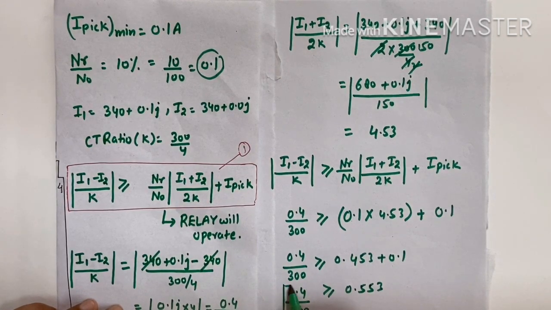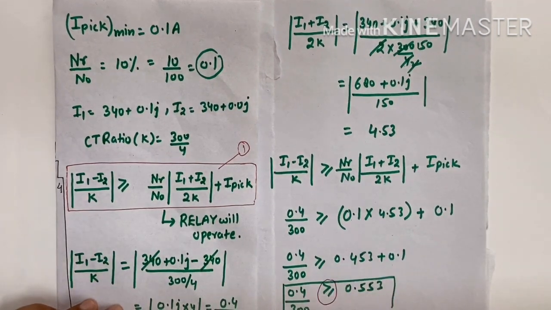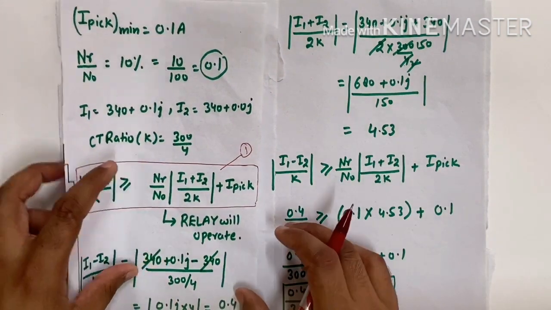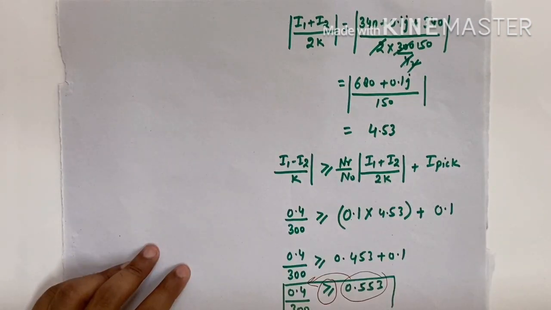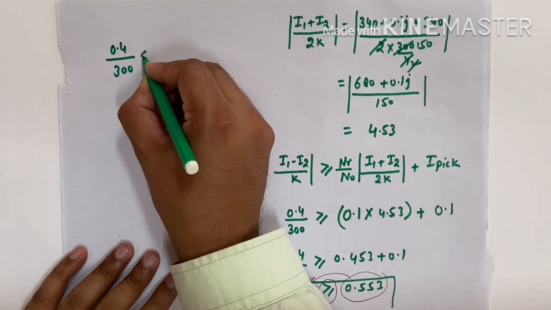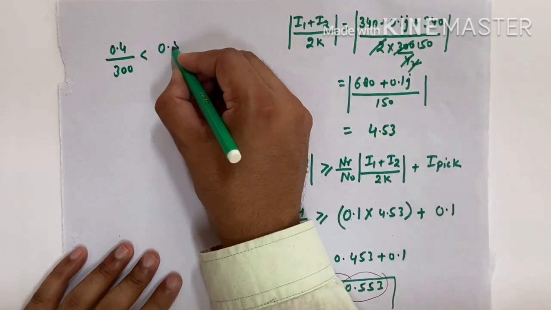If we check this expression, this inequality will not be satisfied, because this value is greater than this value. If we calculate 0.4 upon 300, we get a value lower than 0.553. So we conclude that 0.4 upon 300 is less than 0.553.